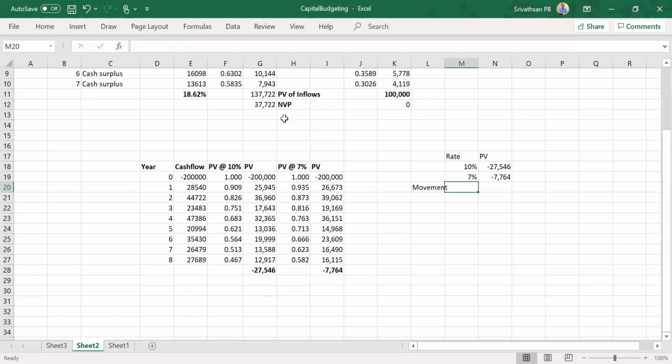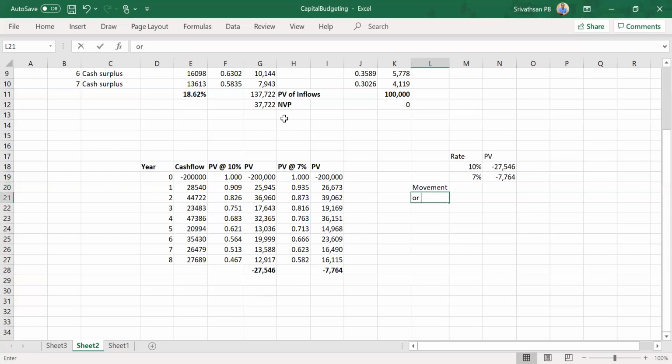So the movement is the difference. When we reduced our rate by 3%, our PV moved by 19,000. So for a movement of 3% in rate, the present value improved by 19,000, I should say.